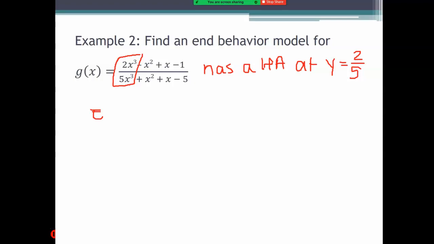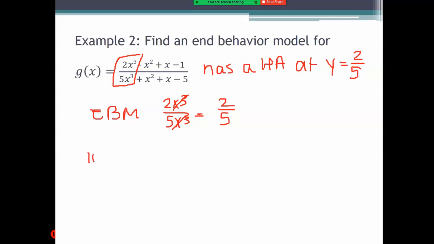The end behavior model is 2x cubed over 5x cubed. What happens to the x cubes? Yeah, so this end behavior model is actually 2/5.